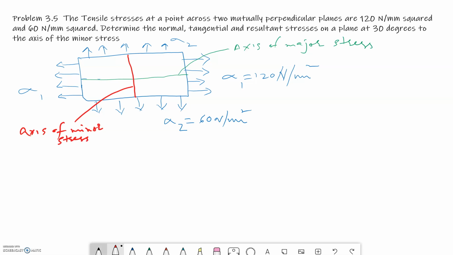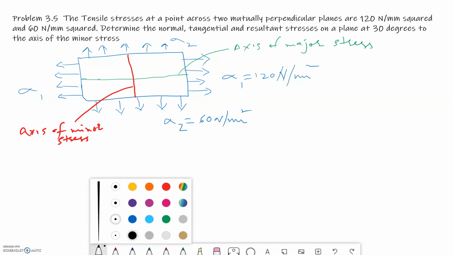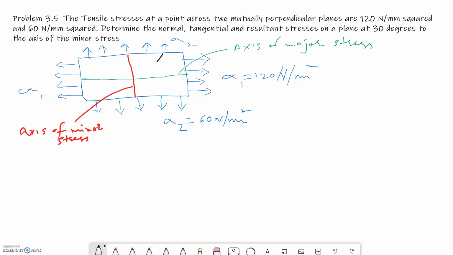Now we have a plane which is at an angle of 30 degrees from the axis of minor stress. This is what is given. Now let us start recording what information is given and what information we need to find out.